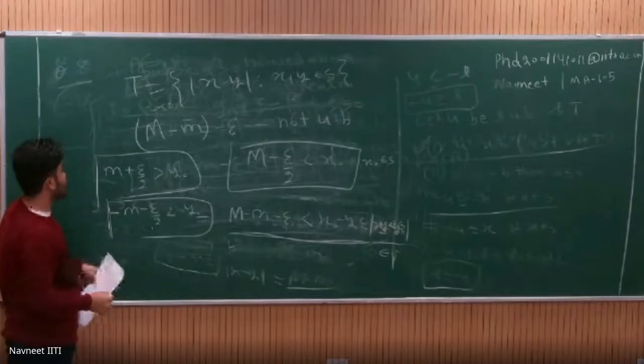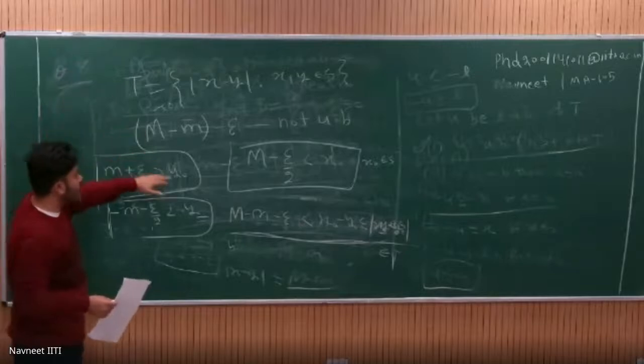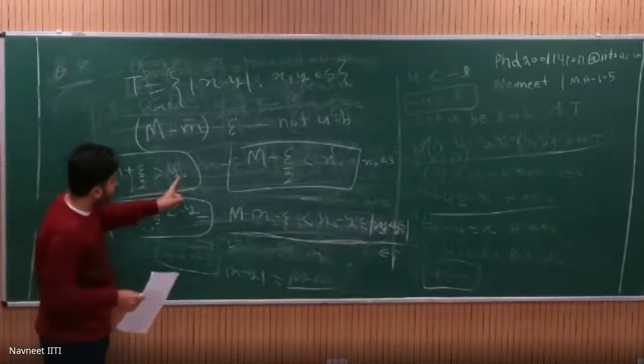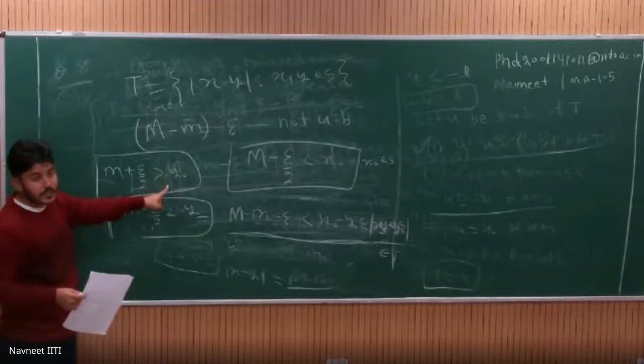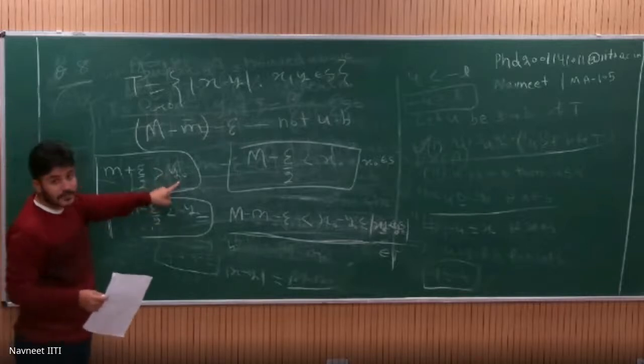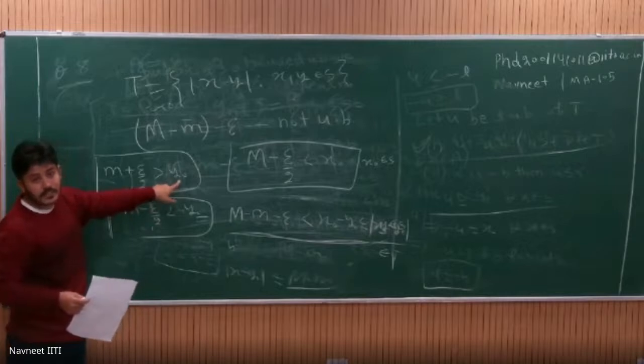No sir, on the left side, m plus epsilon by 2 is greater than y naught. Then there is also a possibility of a less than or equal to sign. No, less than is not a possibility, but I am saying one y naught definitely exists such that this greater than sign is coming. Not all, but one element we can always get.